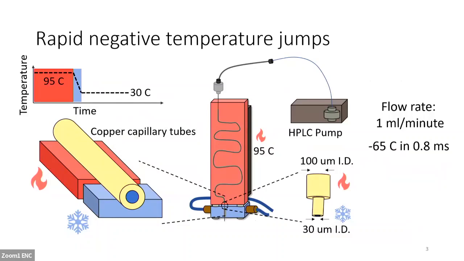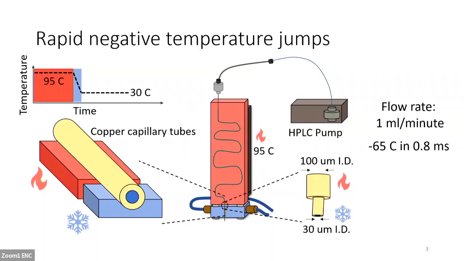So we figured out how to carry out rapid temperature drops using a flow apparatus, which I'm showing schematically here. We use an HPLC pump to flow a solution containing proteins through a 100 micron diameter copper capillary, which we solder to a heated copper plate to raise the temperature of the solution, in this case to 95 degrees C. We then flow the solution through a second narrower copper capillary with a 30 micron inner diameter, which is soldered to a second copper plate, which we cool with ice water.